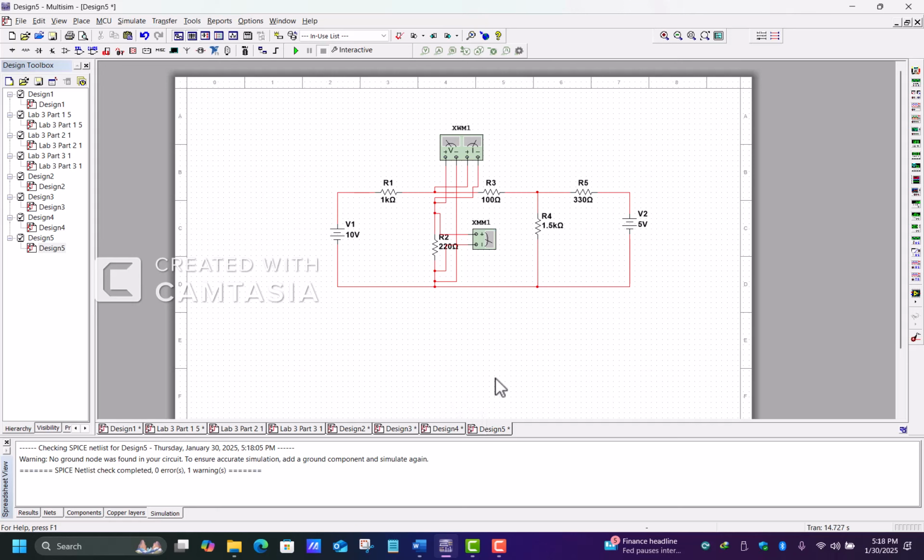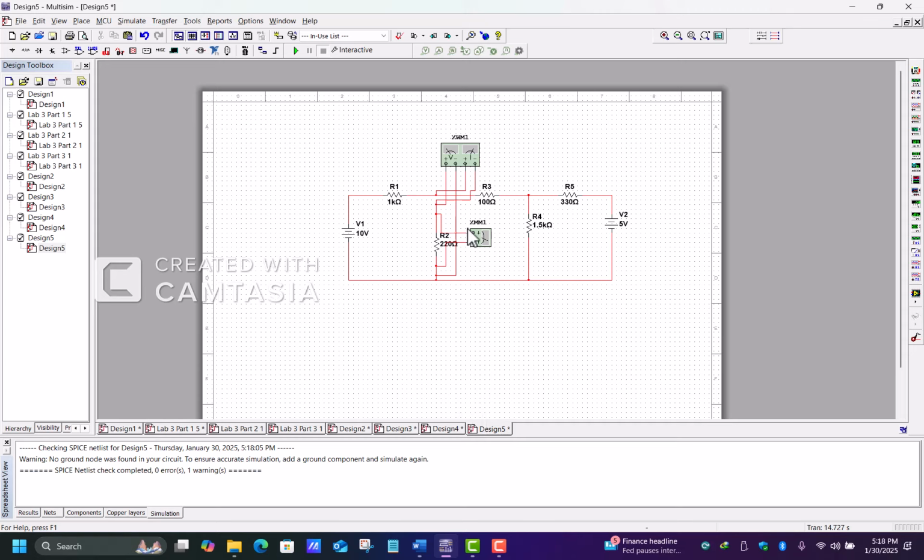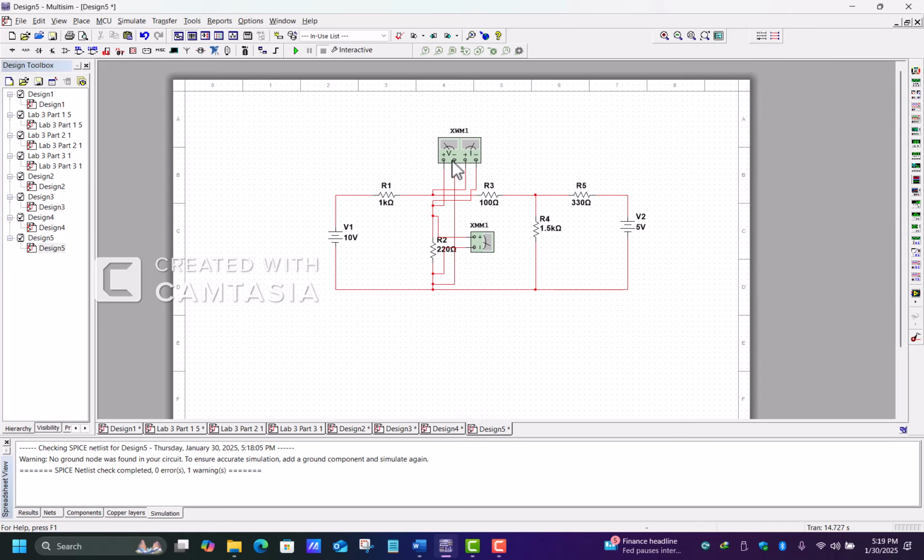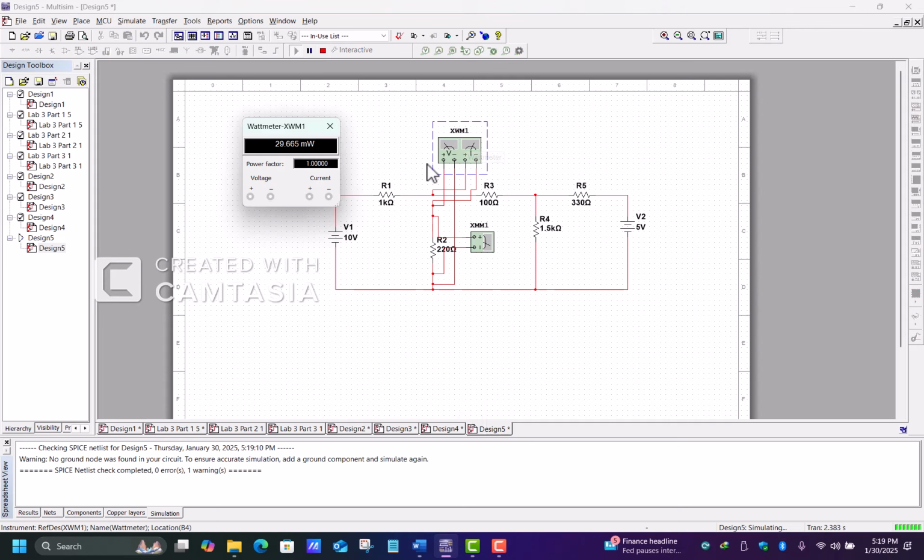If we consider both of the sources, now we have the circuit to calculate the voltage drop and power of this load resistance across this circuit. We'll click on the run button here, and we'll see this is the load power of the circuit, and this is my voltage drop.